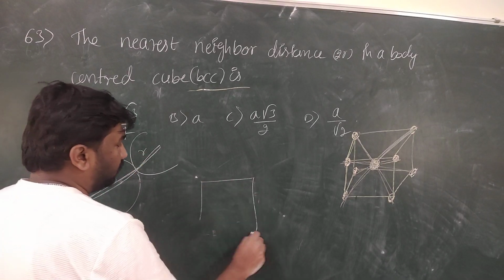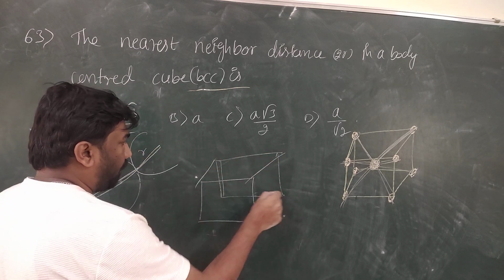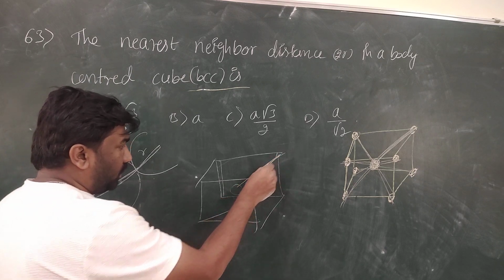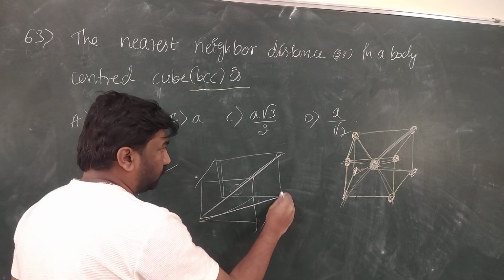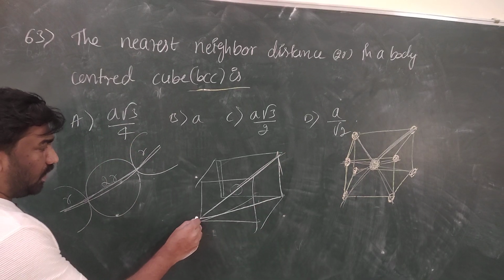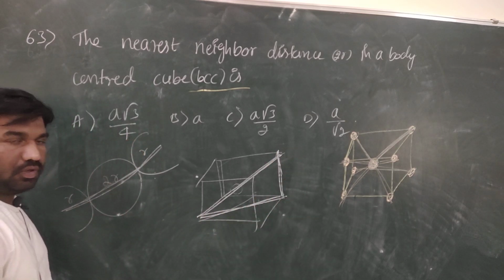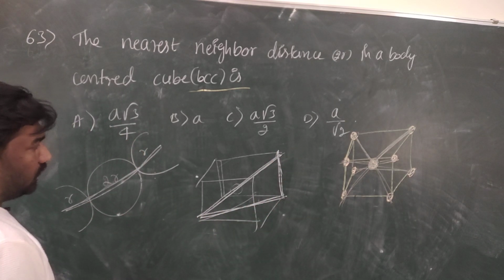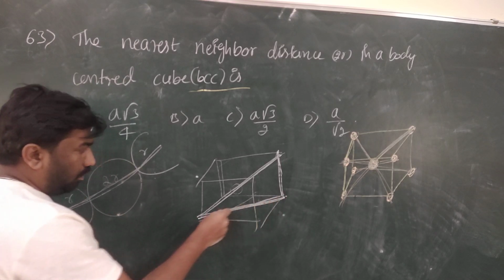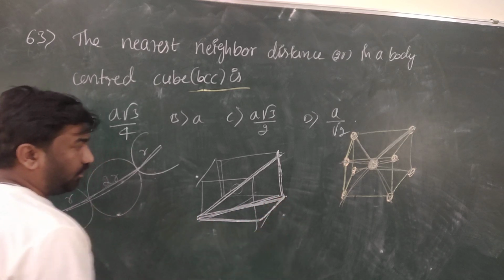If you take a schematic diagram like this, this is the body center atom. For simplification, I am considering this part and this part. This part is the body diagonal across these two surfaces.